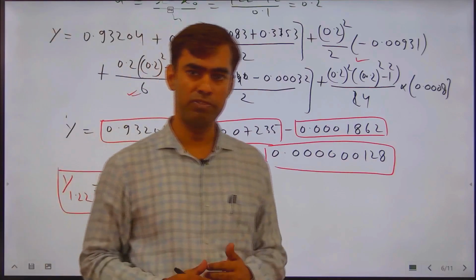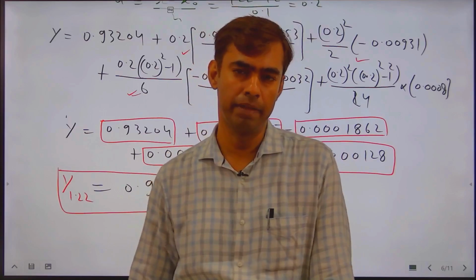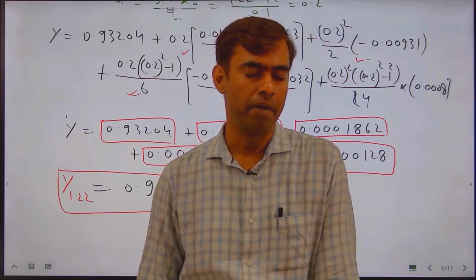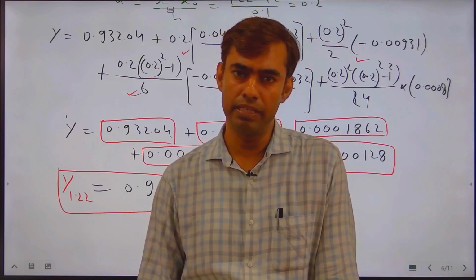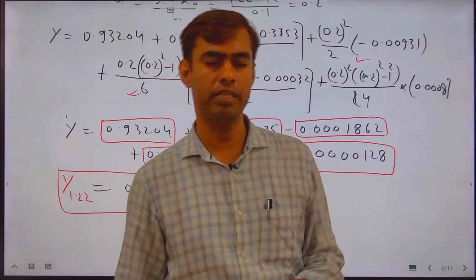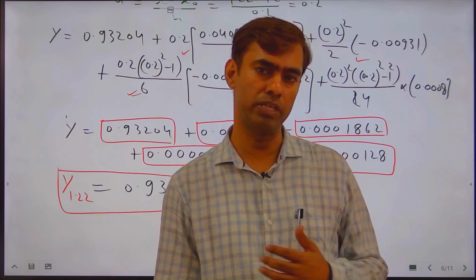So what is the summary of the Stirling central interpolation formula? We apply this Stirling central interpolation formula. We choose x0 in such a way that the value of u lies between -1/2 to 1/2.